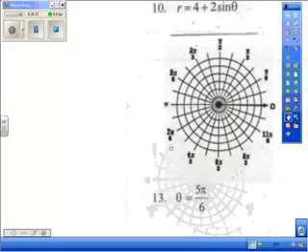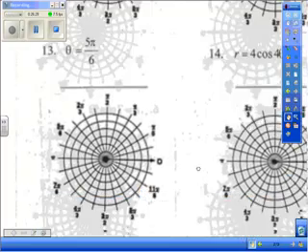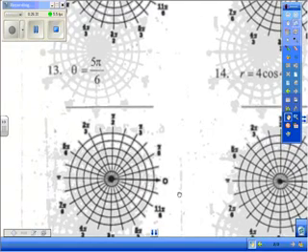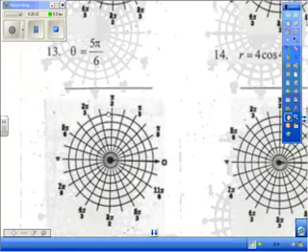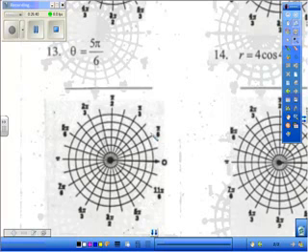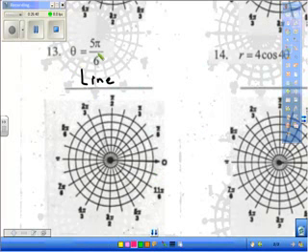There's one I wanted to talk to you about on the back, and that would be number 13. What's number 13 when they just give you the angle? You're right, it's a line, plain old line. So you grab your handy dandy highlighter and find 5 pi over 6.